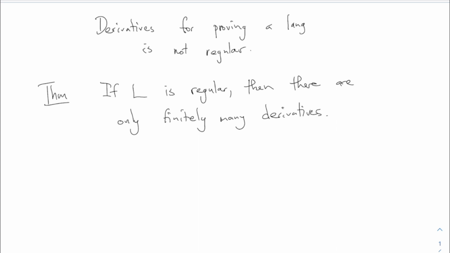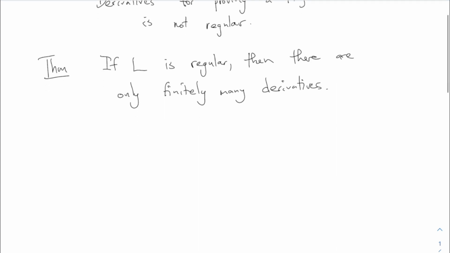Even though there are infinitely many different ways you could do the derivative with respect to different strings, all the answers are going to be the same. There's only finitely many different answers you can get, all right? You cannot get infinitely many different derivatives from a regular language, okay? And usually the way that we use this is actually the contrapositive of that.